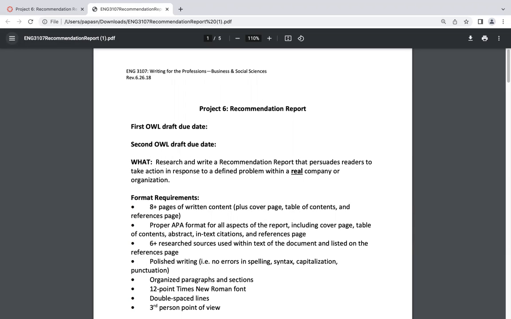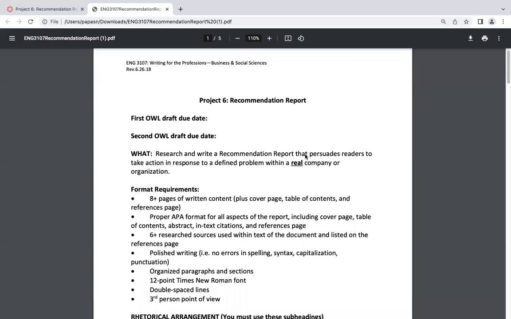And you need to find a way in the report to persuade the audience, the person or people who have the authority to implement the change you're suggesting, or make the decision that you are proposing.